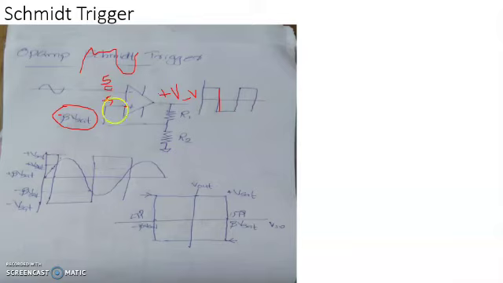This is 8 volt and this is minus 5. Output remains at minus V saturation. Now the sinusoidal oscillation starts falling from its peak value. Voltage becomes 0, and compared with minus 5, 0 is bigger, so output remains as minus V saturation, and this voltage increases in the negative sense, minus 1, minus 2, minus 3, etc.